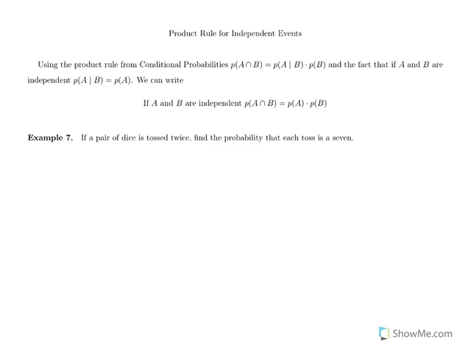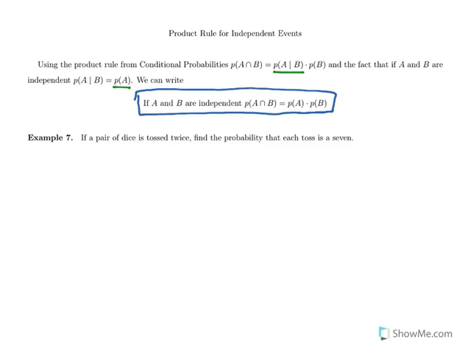And lastly, we're going to look at the product rule for independent events. So this product rule we looked at for conditional probability said that the probability of A intersect B is equal to the probability of A given B times the probability of B. And now that we know that if A and B are independent, the probability of A given B is just equal to the probability of A, then we can replace this probability of A given B with probability of A and have this very nice formula: if A and B are independent, then the probability of the intersection is equal to the product of the probabilities.